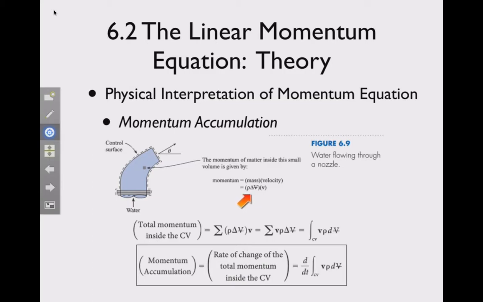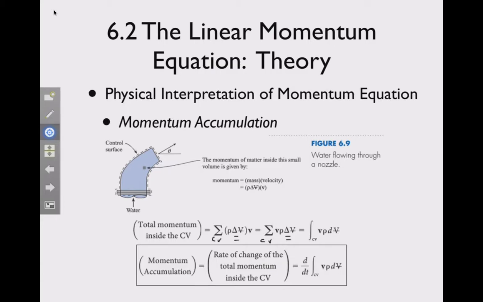We write the mass as the density times this delta volume unit, a small piece of volume within the larger control volume. If we write down the total momentum inside the control volume, we just need to sum this over the control volume. In fact, I think maybe the book ought to have a little CV here to designate that we're adding up each one of these little delta volumes within this larger control volume.